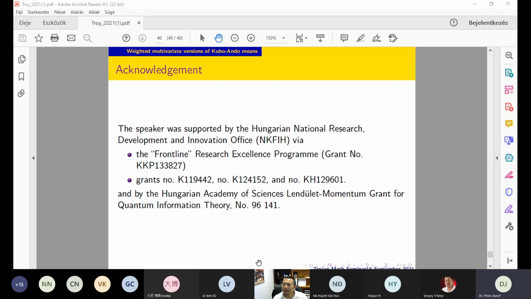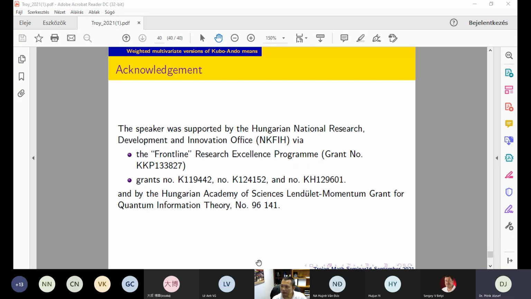This is my short answer. We wanted to generalize the Kubo-Ando means not just to the multivariable case, but to the weighted case too, and that's why we start with the symmetric case.